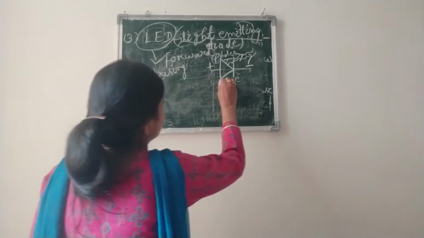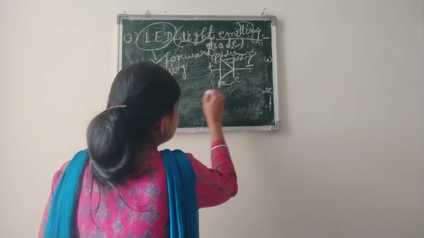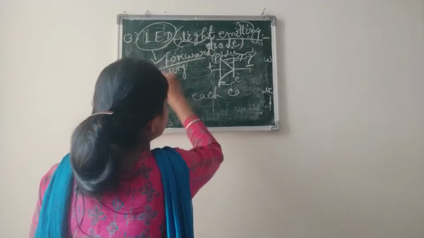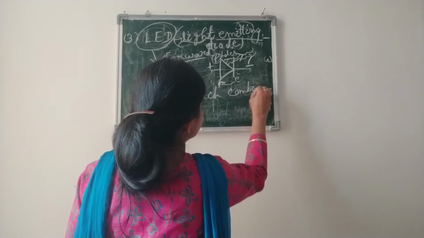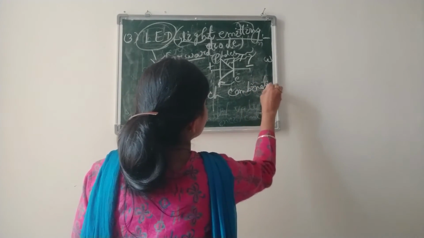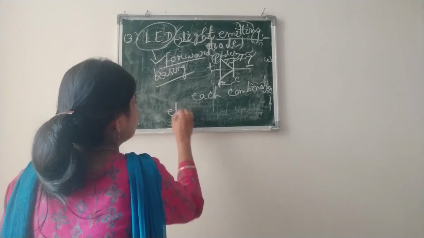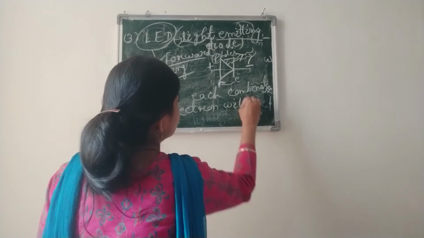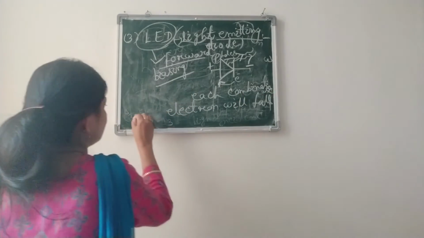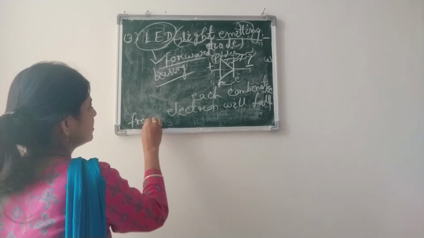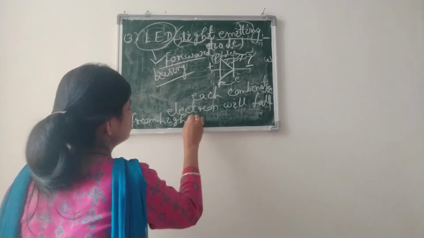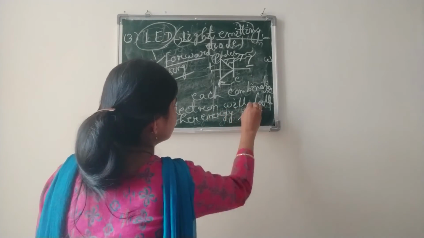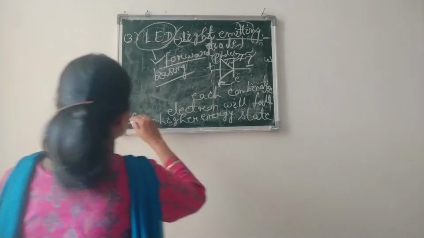So, for each recombination during forward biasing, what will happen? The electron will fall from a higher energy state to the ground state.